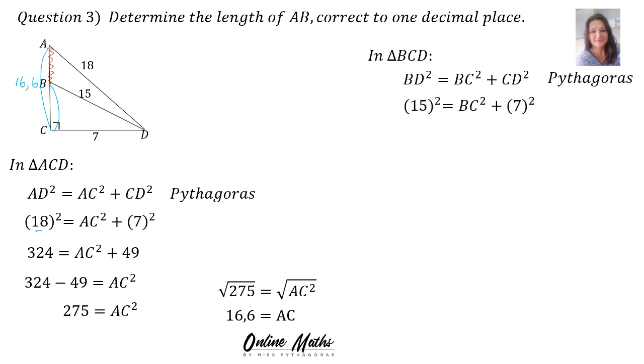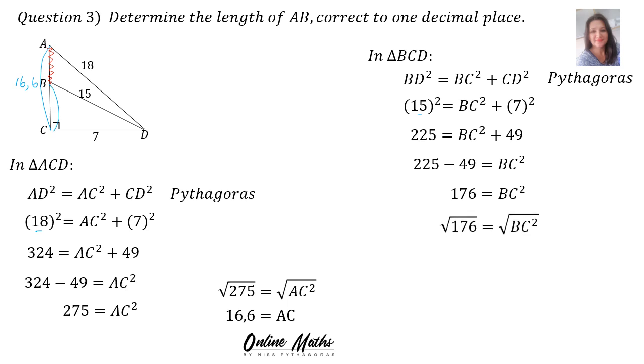BD is 15 squared equals BC squared, that's what we're looking for, plus CD was 7 squared. 15 squared means 15 times 15, 225, equals BC squared plus 7 squared, which is 49. 225 minus 49 is BC squared. 176 is equal to BC squared. Take the square root both sides. Therefore, BC is equal to 13,3. This little tiny one there.